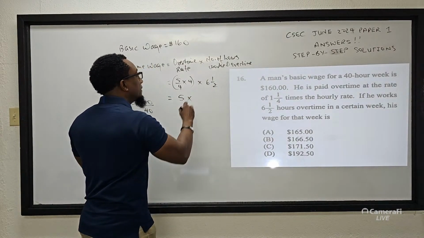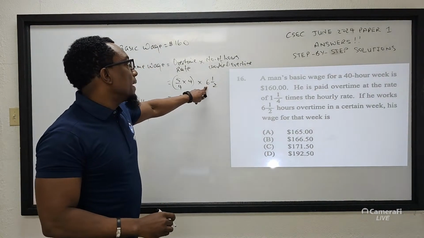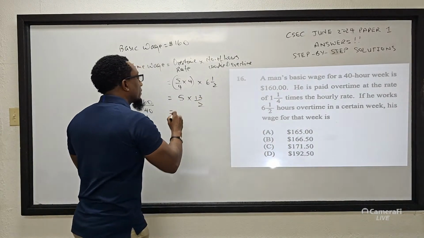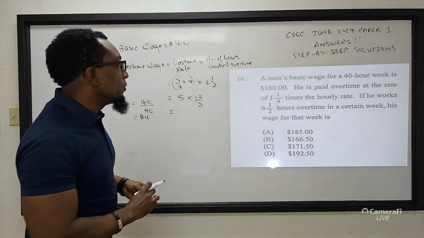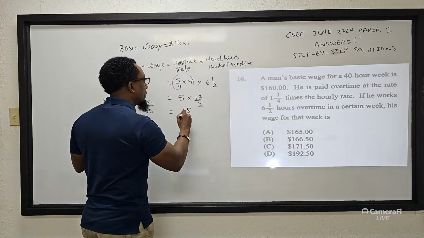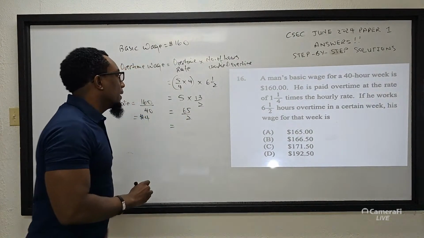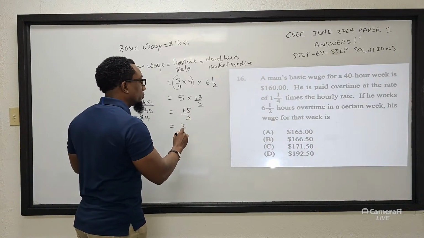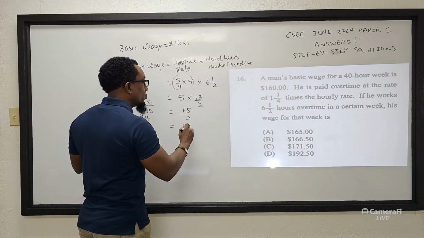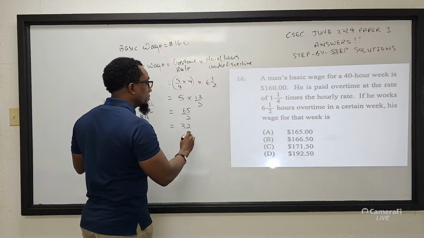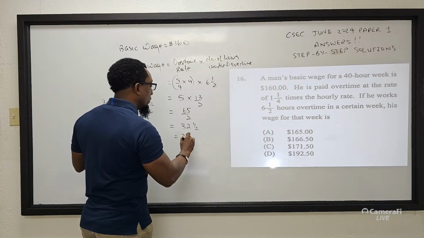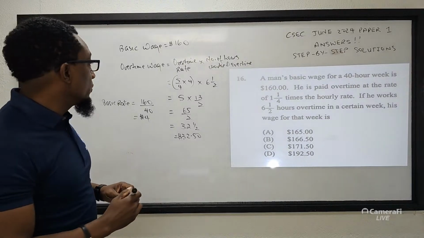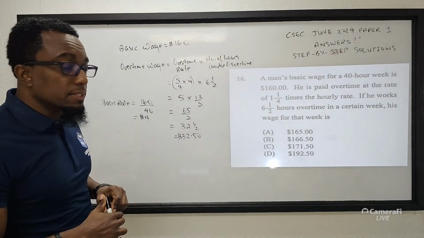This will be 5 times 13 over 2, which will give us 65 over 2, which is equal to 32.5, or $32.50 will be his overtime wage. So his overtime wage is $32.50.